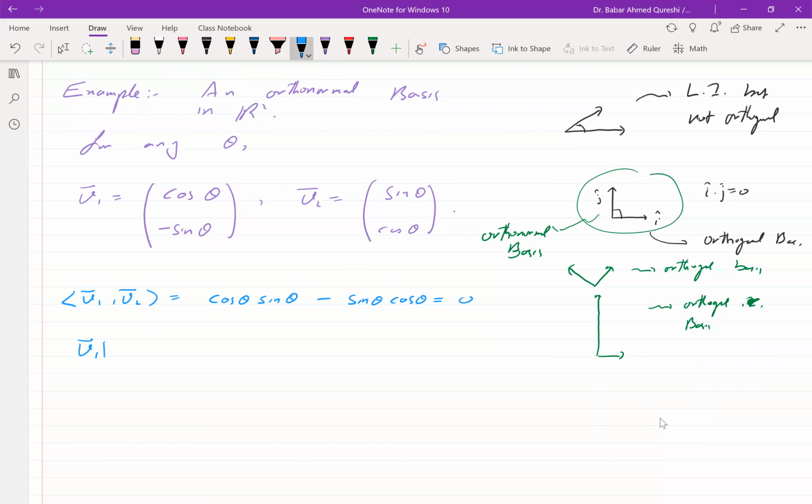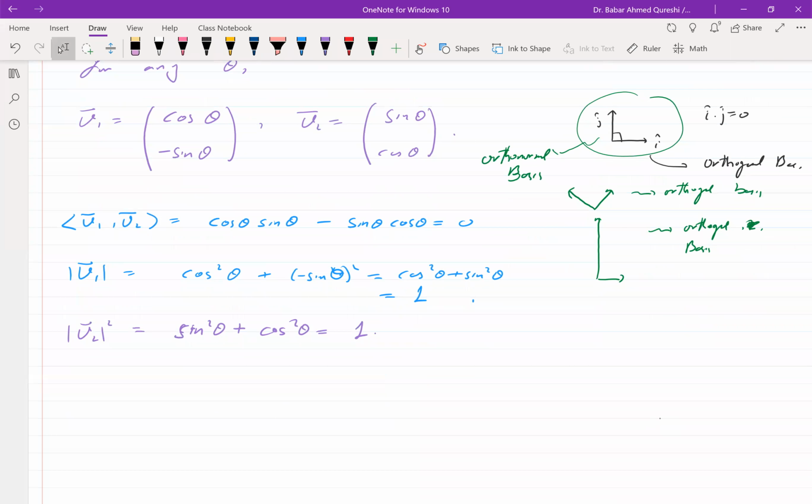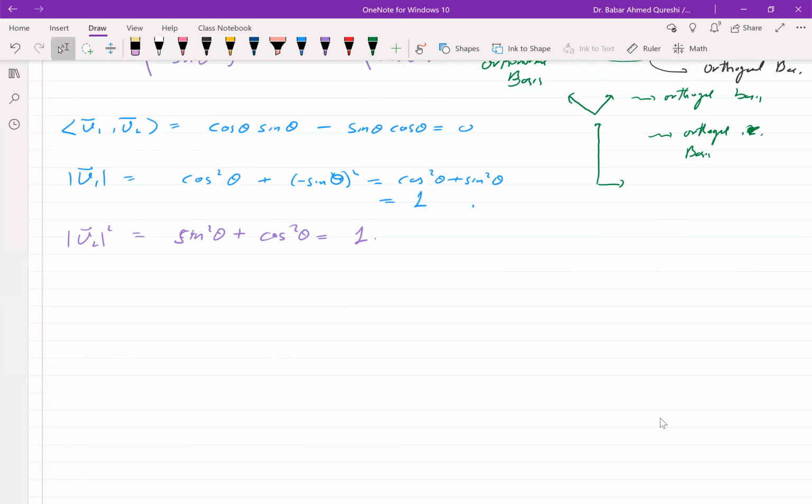And if I check the length, the length of the first is 1. Similarly, the length of the second is also 1. So it's an orthonormal basis.